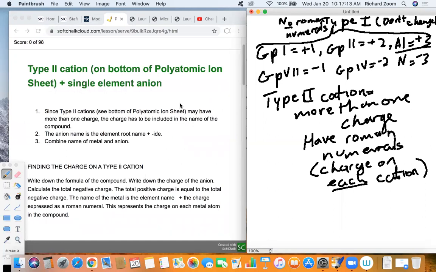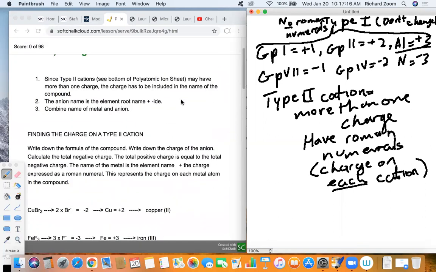So if we had something like CuBr2, what I would do is draw a picture of it, because at this point I don't know what the charge on the copper is. And the reason is because it's not one of these. It's not in group 1, it's not in group 2, it's not aluminum. So I have to figure out what the charge on the copper is so I can name it correctly. So we know that each Br has a -1 charge, which means that the total is -2.